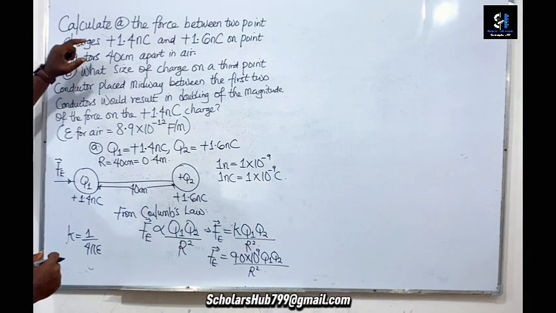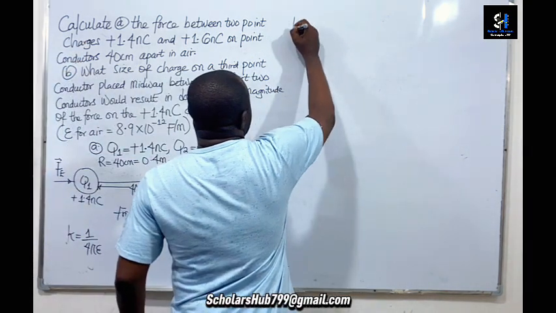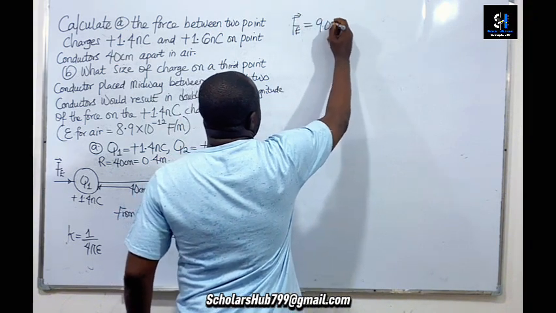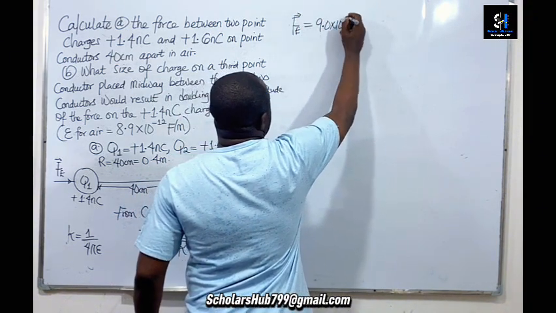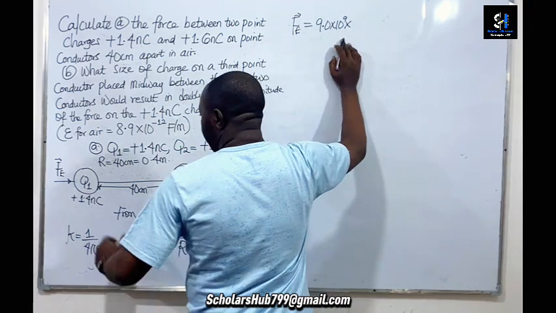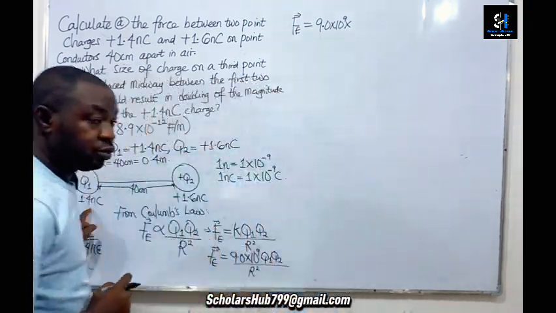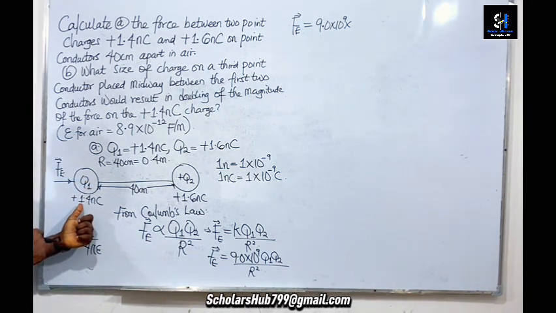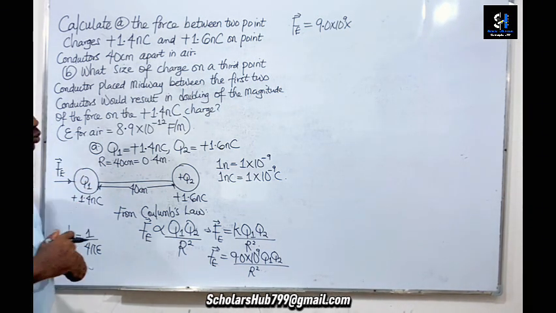All right, so for question 1, the magnitude of the electric force will now be 9.0 times 10 to the power of 9 multiplied by the magnitude of the charge on the first conductor, which is positive 1.4 nanocoulombs.